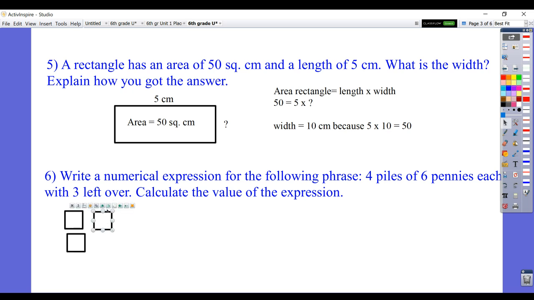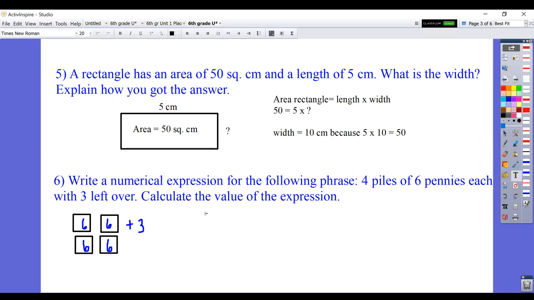So we have 4 piles, and each of those piles has 6 pennies. And then we have 3 beyond that. Okay, so we've got 6, 6, 6, 6, and then another 3 pennies left over. Put plus 3 here. You could show the 3 pennies with the circles, however you want to do that.